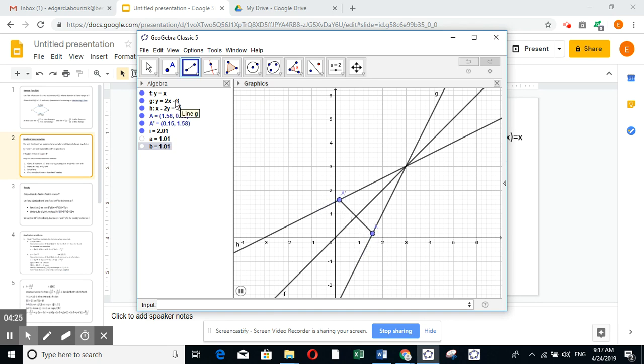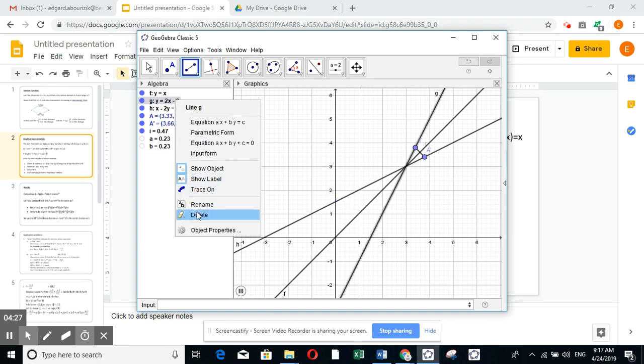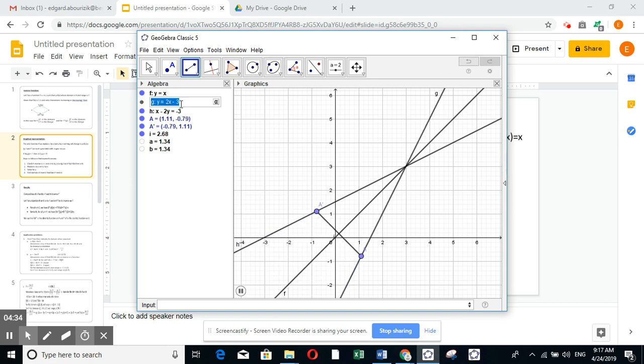Okay, let me take another function. Let me change it to another one. For example, x cubed. You can see also you're going to get the same thing.